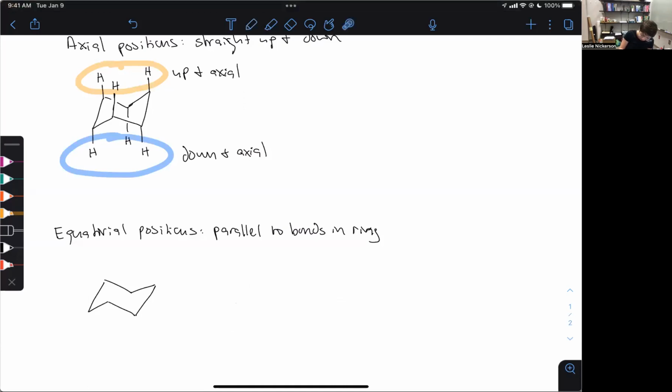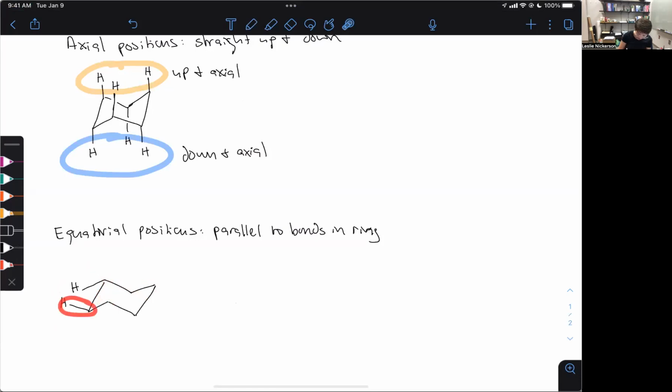If I'm looking at the equatorial position right here, I'm looking at the bond away, so here and here. So my equatorial position is going to be right there, H. Then I've got up. These two, we won't expect to be parallel to each other.